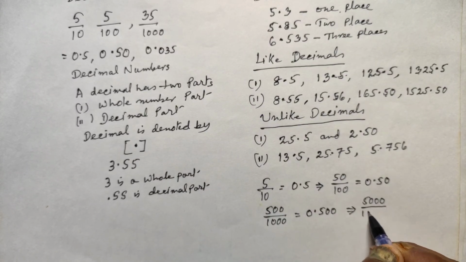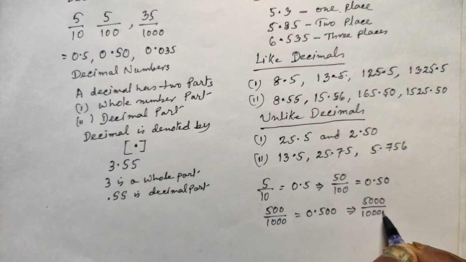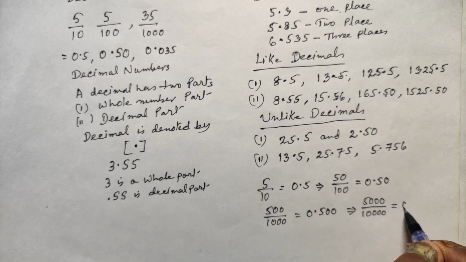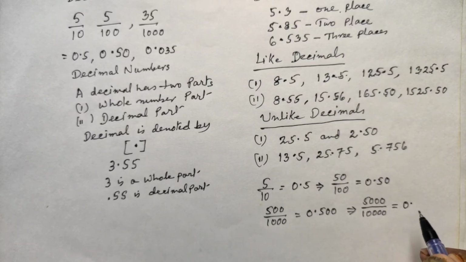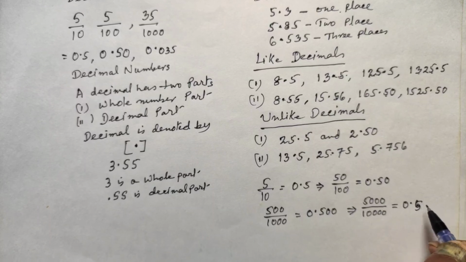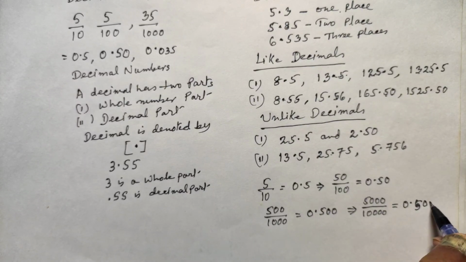In this case, what are you going to get? If you divide, you will understand. 0.5000.